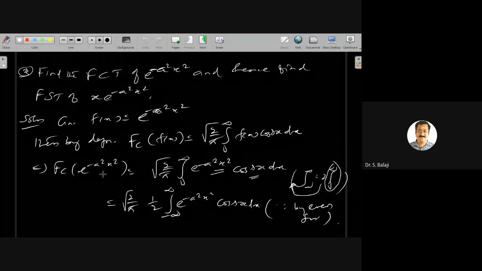Here, instead of f of x, we have e power minus a square x square, that is equal to root of 2 by pi integral 0 to infinity e power minus a square x square cos sx dx.